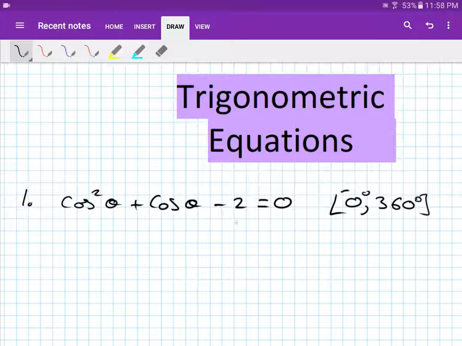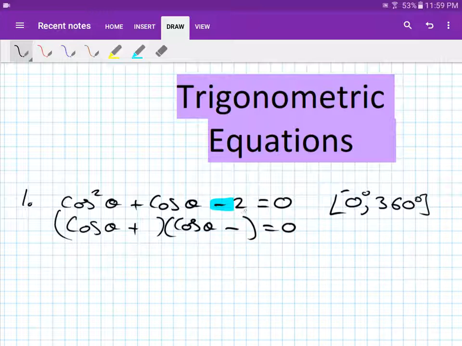In order to do this, we need to factorize it first. This is the negative, so what times what gives me 2 and the difference is 1? Cos theta in here is 1. So we go cos theta plus 2 and cos theta minus 1 equals 0.